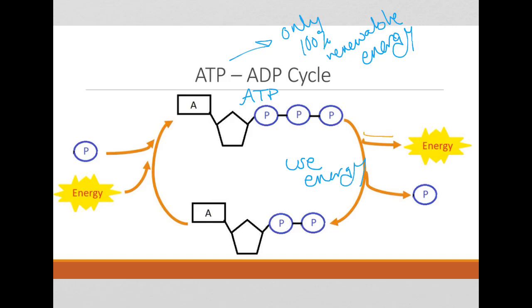Energy goes off, okay? And you lose your phosphate, so you're breaking that bond, and then you end up with ADP at the bottom. And ADP can become ATP again if you give it energy and add a phosphate group back onto the end. You can think of this like a rechargeable battery, okay?